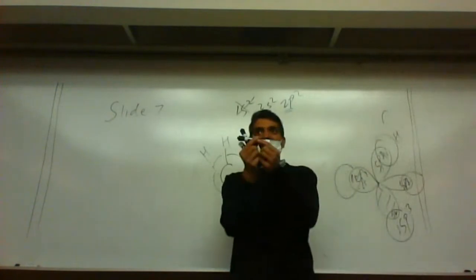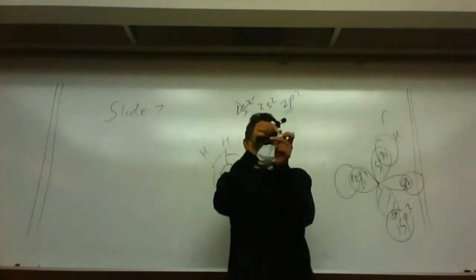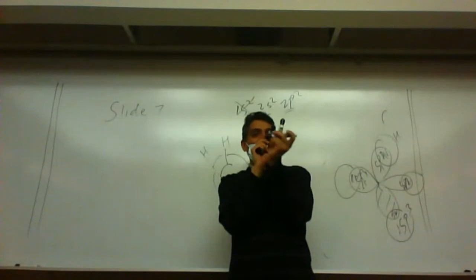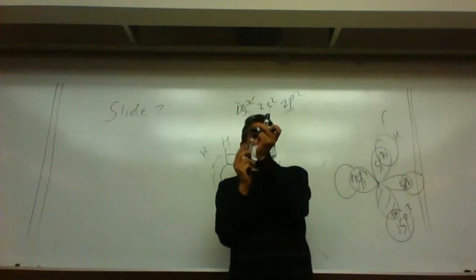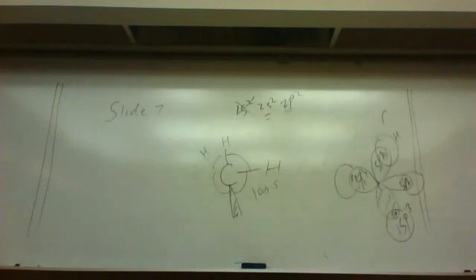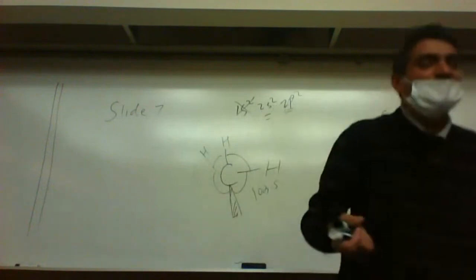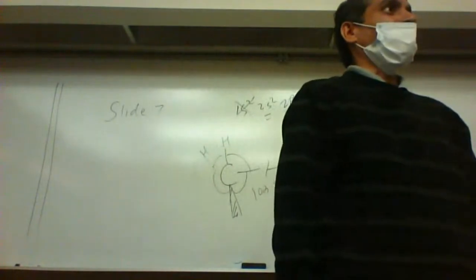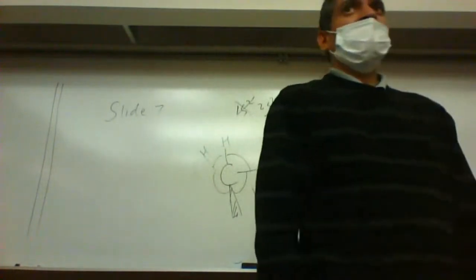So this is the px orbital, and this is a py orbital, and then this one coming toward is a pz orbital, and the bond angle for the CH4 would look like 90, 90, 90. So the angle would be 90 here, 90 here, 90 here, and between this and this is 90. So the bond angle becomes 109.5 instead of 90 because of the hybridization of the orbital of the carbon.